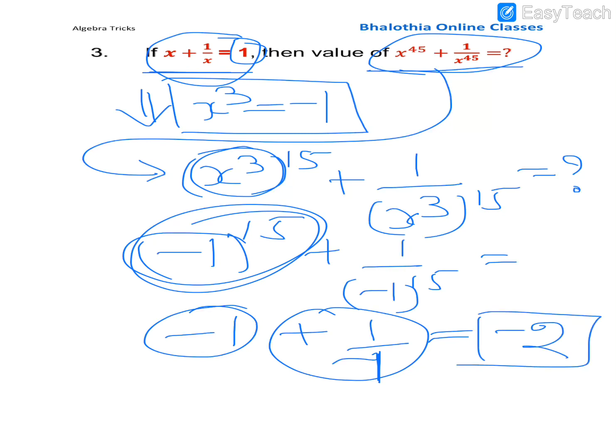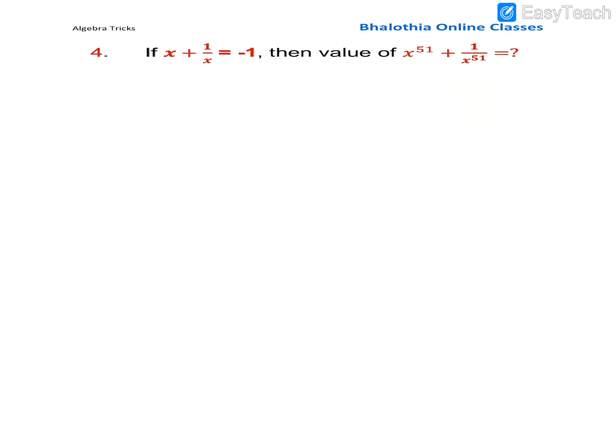See guys, this is very easy. If you know the value of x cube in this case, it will become very easy for you. Okay, let's move to the next question. Here x plus 1 upon x equals minus 1, then the value of x raised to the power 51 plus 1 upon x raised to the power 51. Again, minus 1 is given, then x cube will become 1.